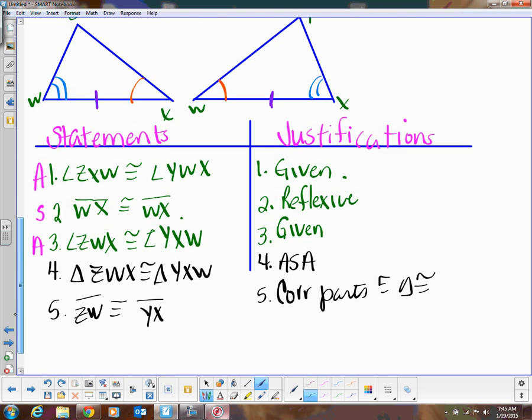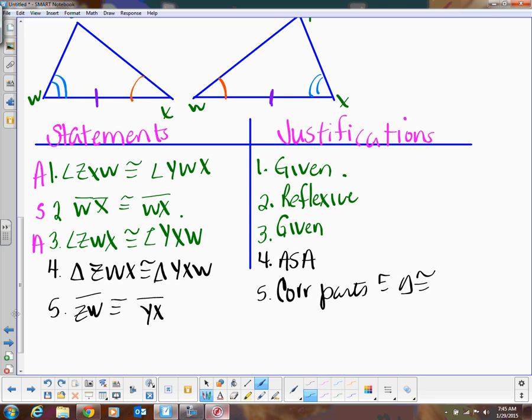Separating those triangles, yeah. Otherwise, it's hard to see. It's hard to see if you don't separate them. So what is the key to being successful in tonight's homework? Separating your triangles.